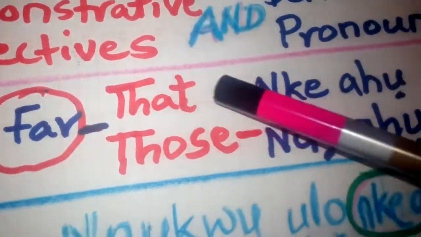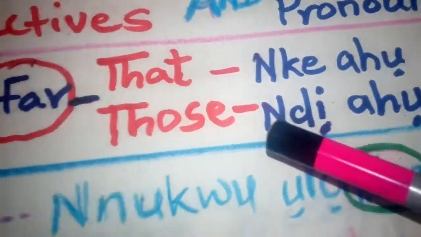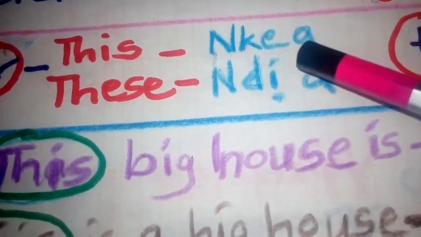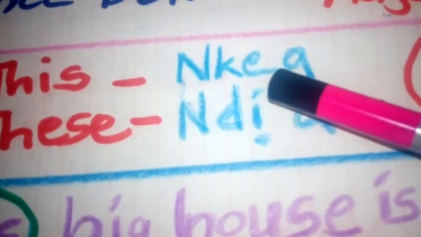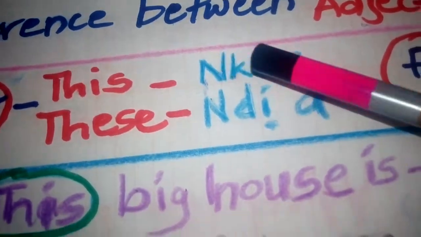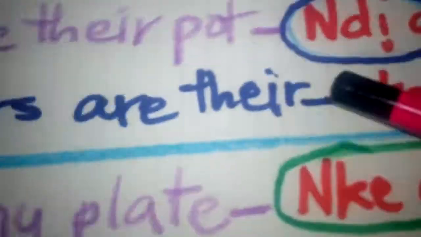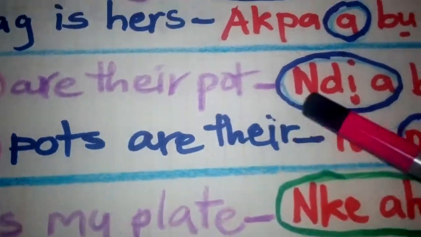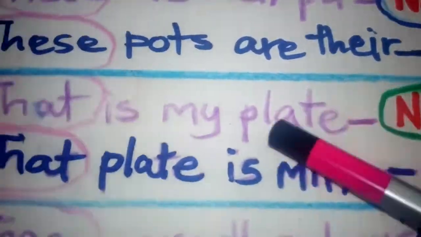But in the middle or the end of the sentence, you can use a in place of that. You remove this nke. Here is the example of that. I taught you that in the last video, I think.